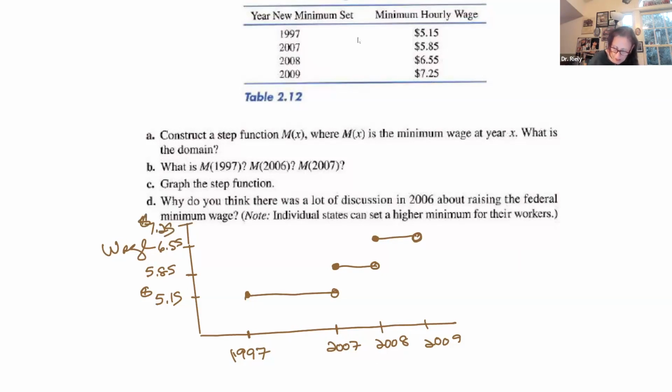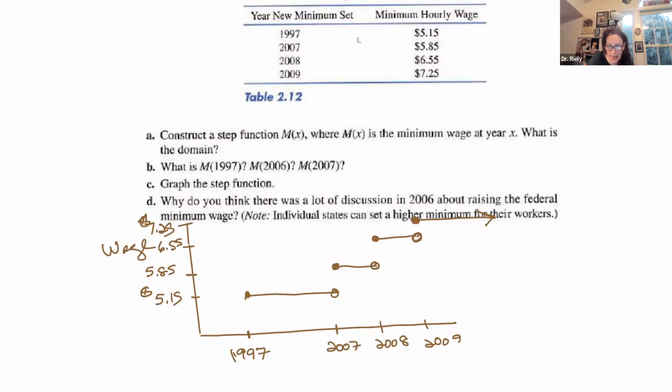That kicks in at 2009. And so I'm going to come up here with a filled in circle because now it's January and that rate kicks in. And I don't have an end for that. So I'm just going to go like that and say that it's going to continue until some federal regulation kicks in and makes another rate.